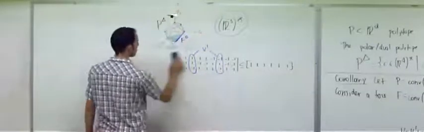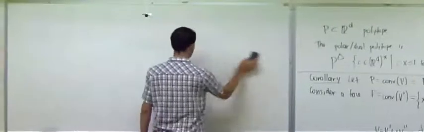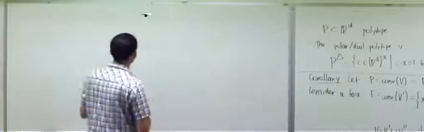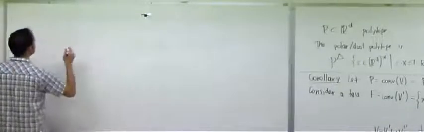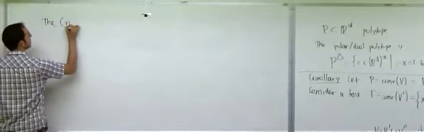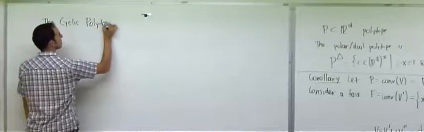So what I want to do now is introduce you to a beautiful polytope. That's my next goal. Okay. You're going to fall in love with this polytope. No, there's no way you can not do that.